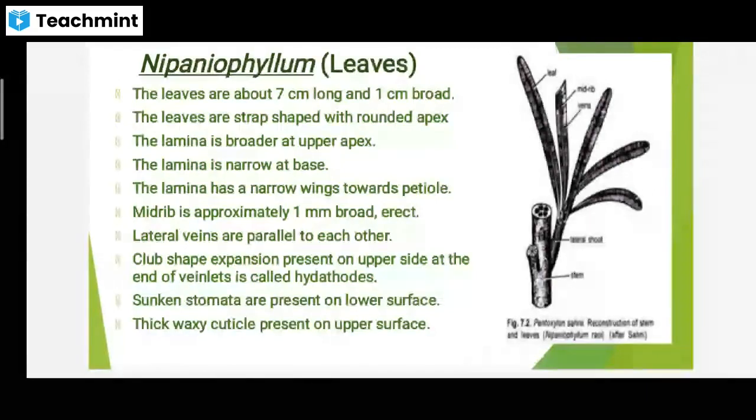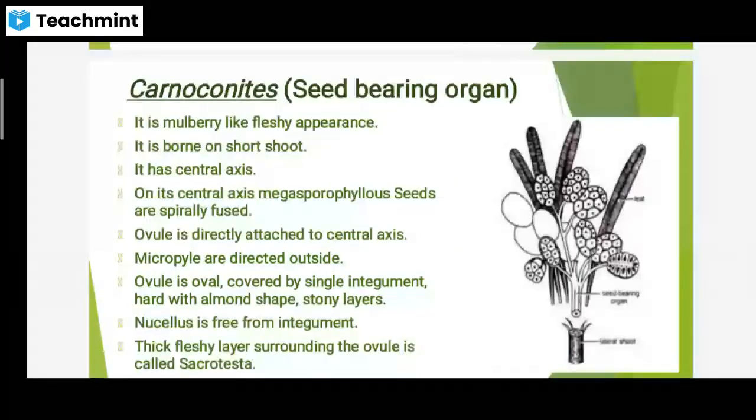Next anatomy is of Carnoconitis, that is a seed-bearing organ, female reproductive organ. It has a mulberry-like fleshy appearance. It is borne on short shoot. It has a central axis. On its central axis, sporophylls with seeds are spirally fused.